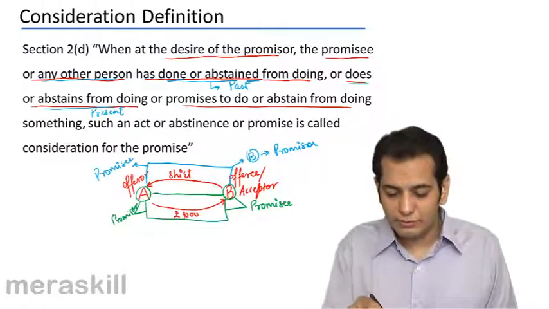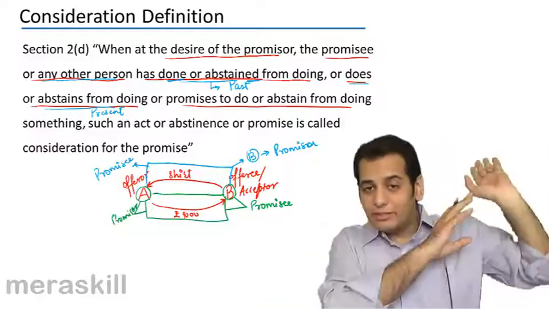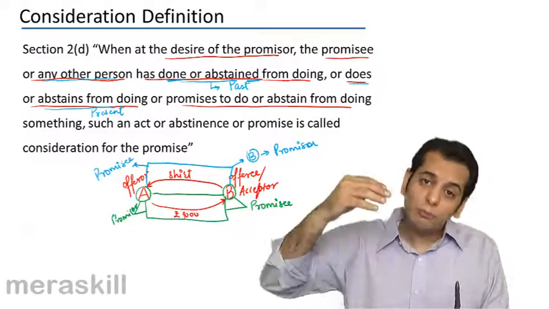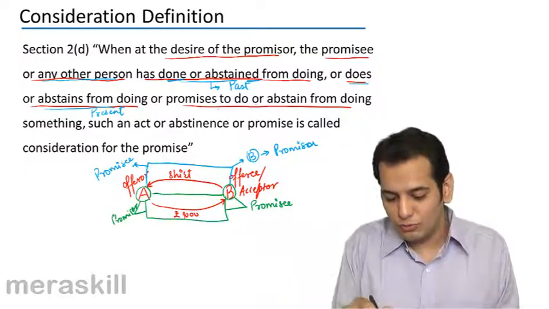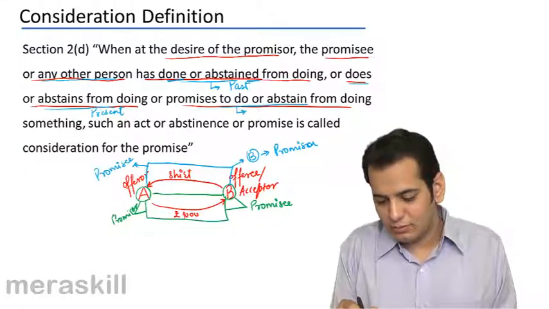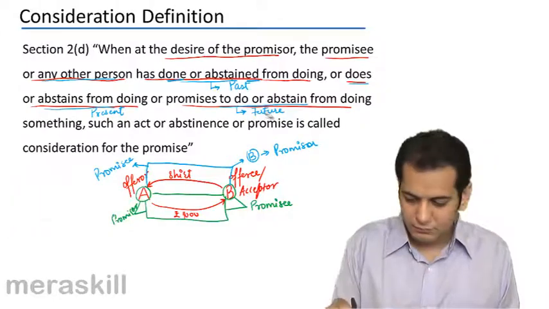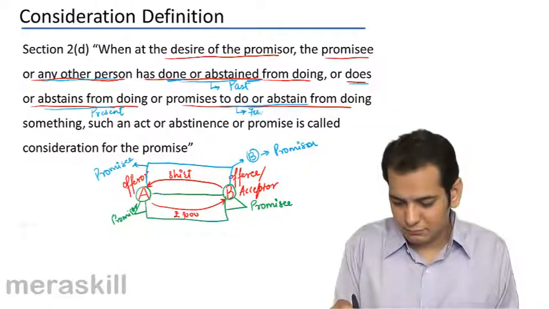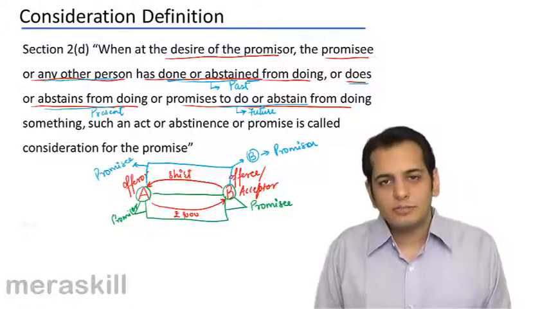You go still ahead, you see promises to do or abstain from. Now he's not done something, he's not doing something, but what is he doing? He is promising to do. That means he'll do it in future. So here future tense has been used.